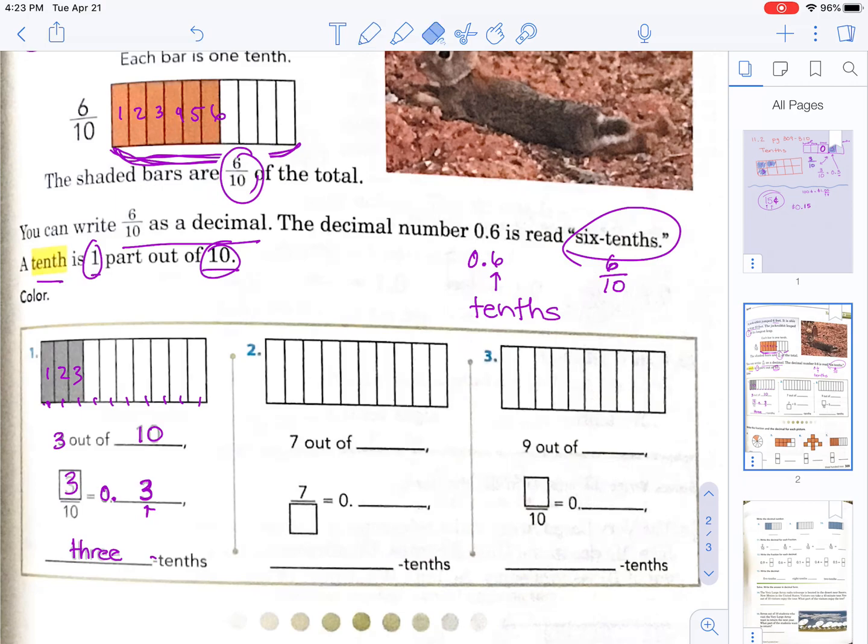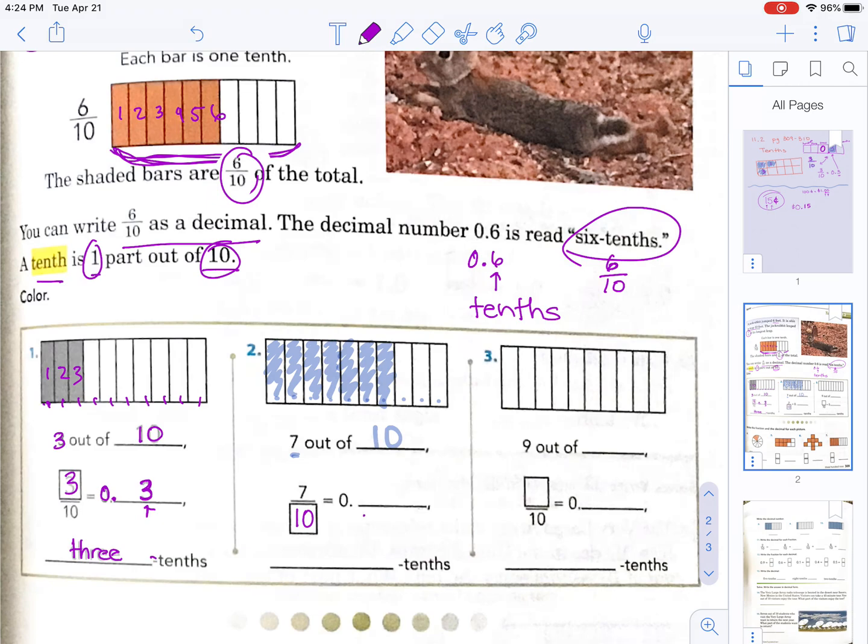Okay, so let's try the next one. We have 7 out of, well, let's look at it first. 1, 2, 3, 4, 5, 6, 7, 8, 9, 10. Okay, there's 10. I'm going to write that in. But what would it look like if we colored this in? We need 7 colored in. 1, 2, 3, 4, 5, 6, 7. Okay, as a fraction, we have 7 parts out of 10.